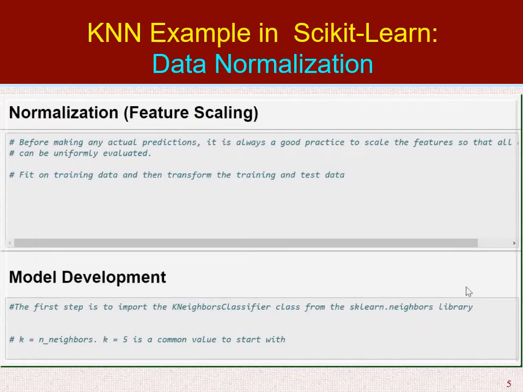As we learned before, certain algorithms are susceptible to feature scaling. That means they need to have the features scaled, otherwise they are going to be impacted, especially if you have different features with different scales of data. This is especially true for the KNN algorithm because it works with distance or similarity, however you define it.